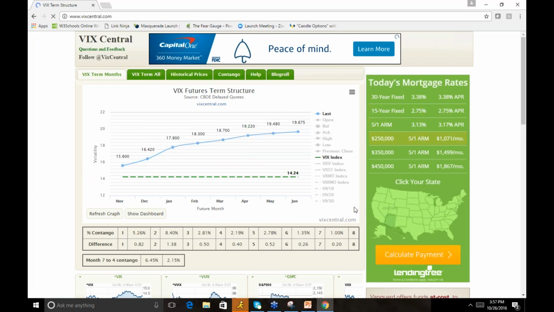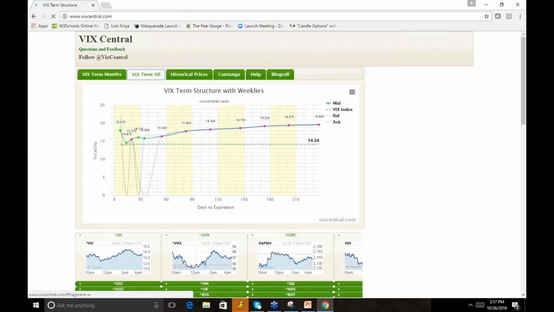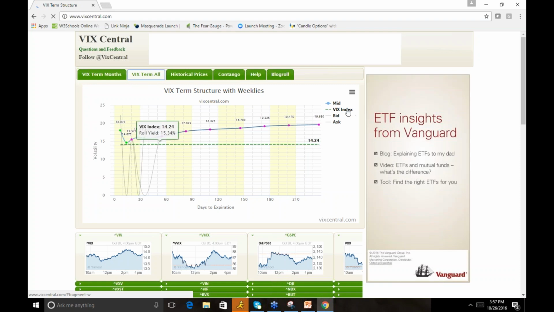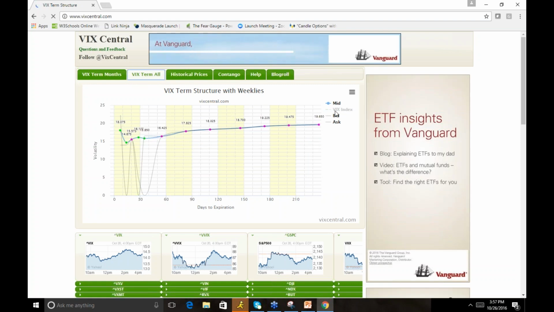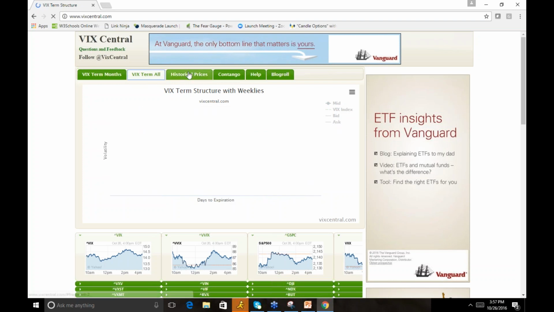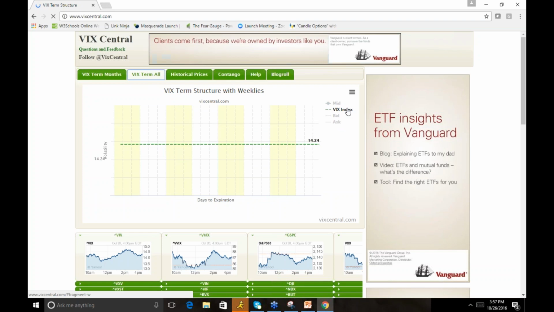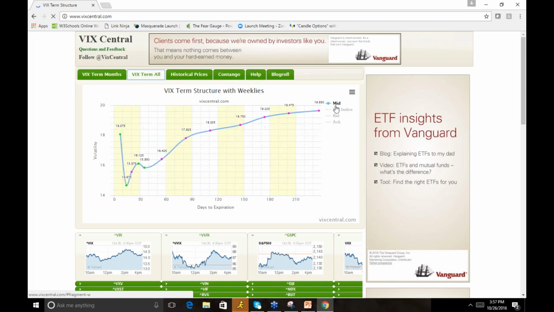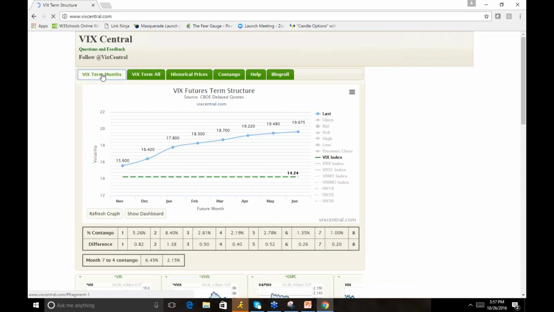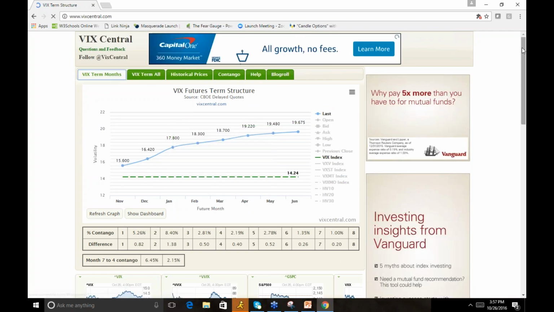Now, here's what it looks like with all the weeklies. All right. The weeklies can move around a little bit. So generally speaking, I just look at the big contracts, the ones that trade.